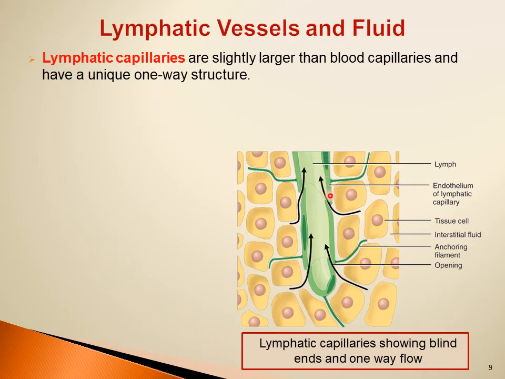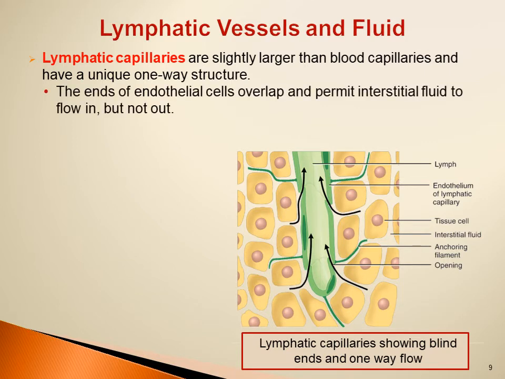As you see here, there is an overlap between the endothelial cells that will allow fluid to pass in one direction. There are also anchoring fibers that attach the endothelial cells to the peripheral cells, and once the interstitium is expanded or congested with fluids, this will pull on the lymphatic endothelial cells, so it will open the pores between the cells, allowing more lymph to flow into the lymphatic capillaries.